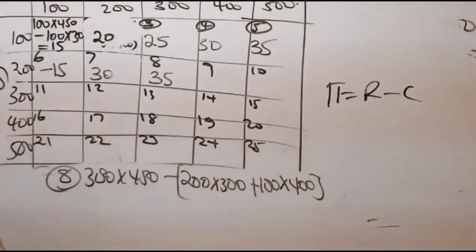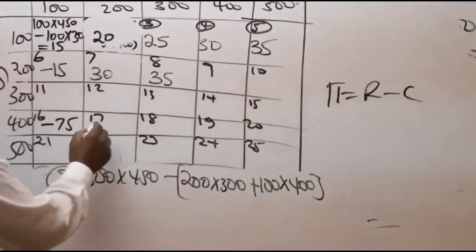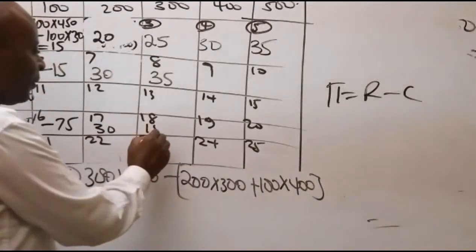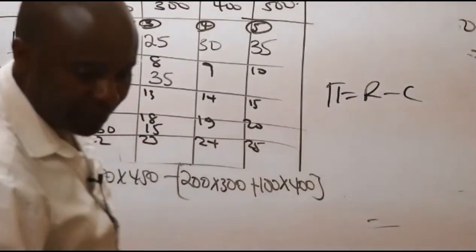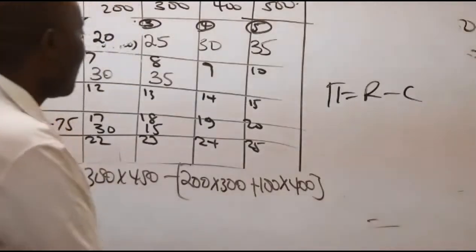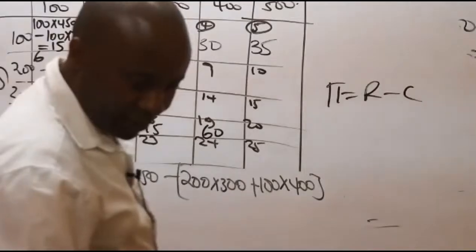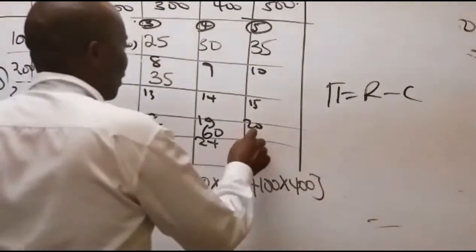Kigunda, from cell number 16, they're telling me it is negative 75, right? 17 is 30. 18 is 15. 19 is 60. 20 is 65, that is Loci now.